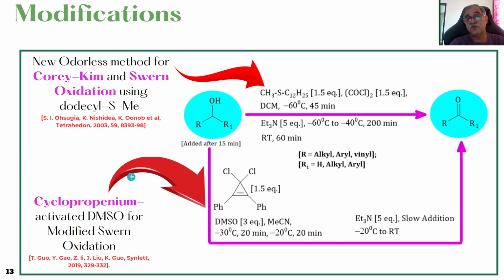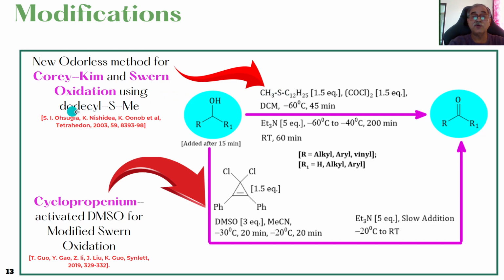Then one more modification is called the Corey-Kim and Swern oxidation combining the primary or secondary alcohols. They were oxidized where we used these types of sulfides instead of DMS.